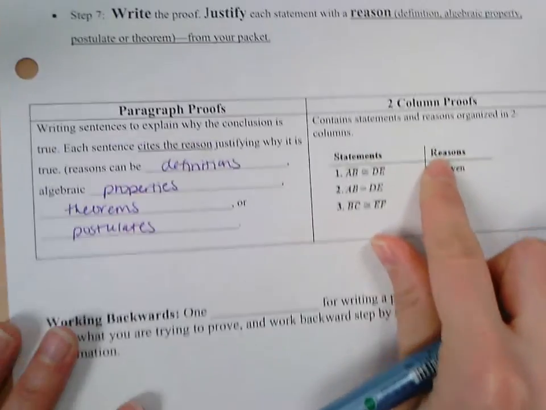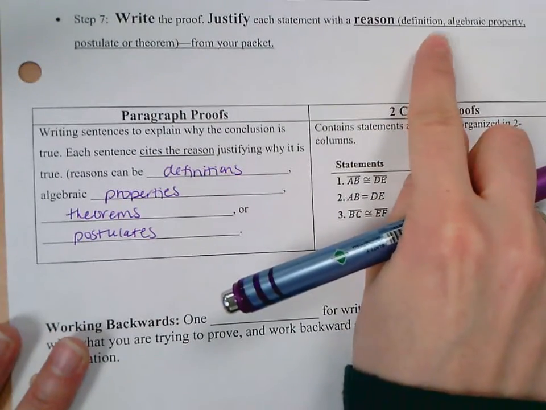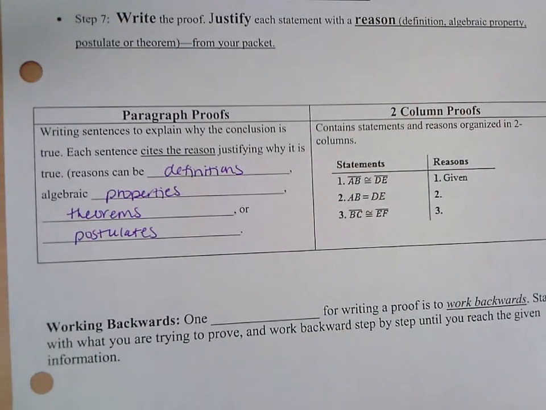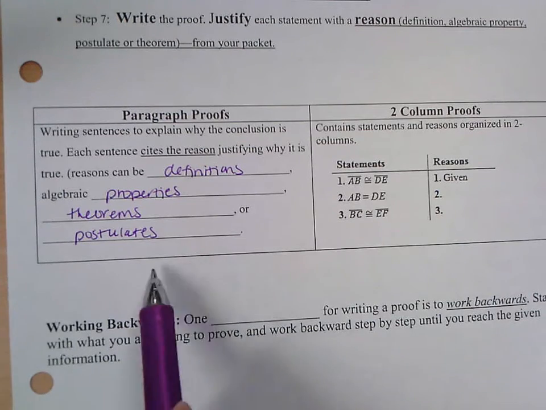Basically what is stated up here in step 7. So the reasons you would put in a 2-column proof, really the only difference is, rather than having 2 separate columns, you're writing out every line in your 2-column proof as a sentence. That's really the only difference when we'll do paragraph proofs.